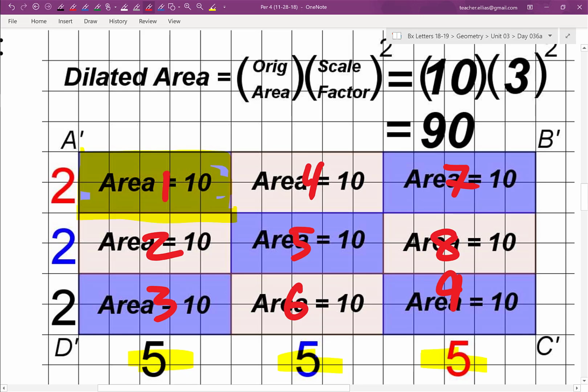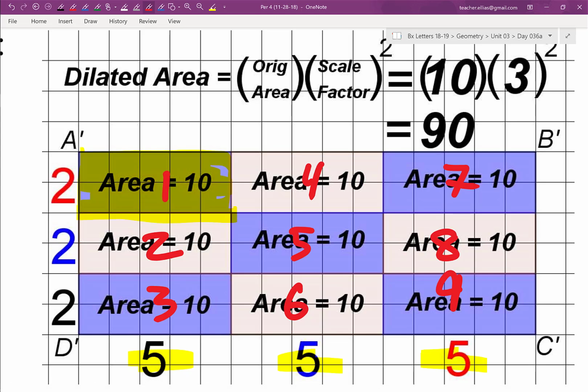Why wasn't it just 3 more rectangles? Because it's not adding, it's multiplying. What's getting multiplied? The original area, not the scale factor. And what does area come from? Inside.